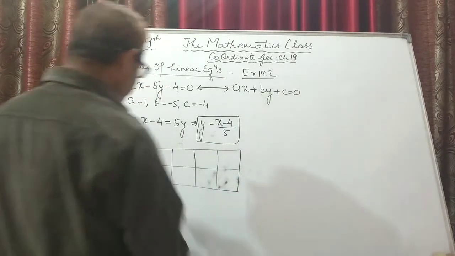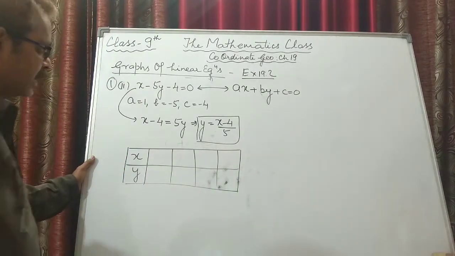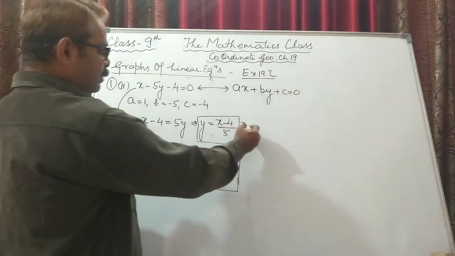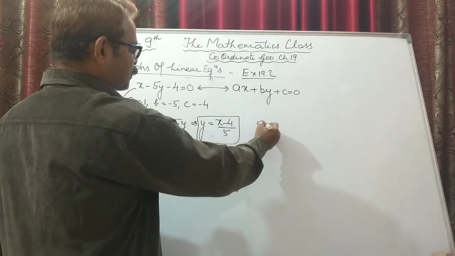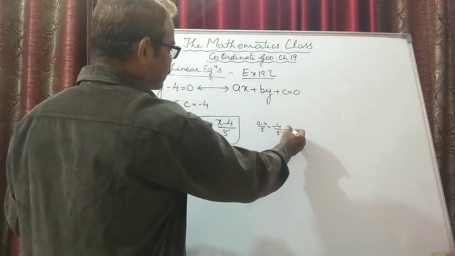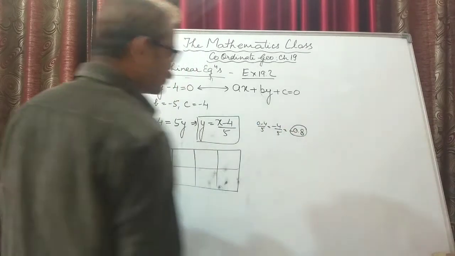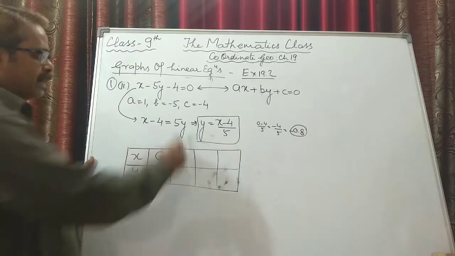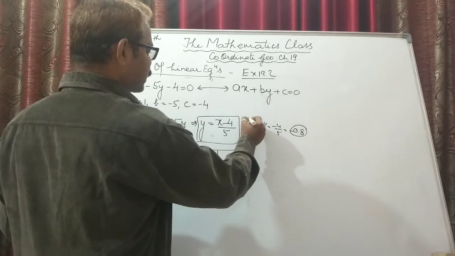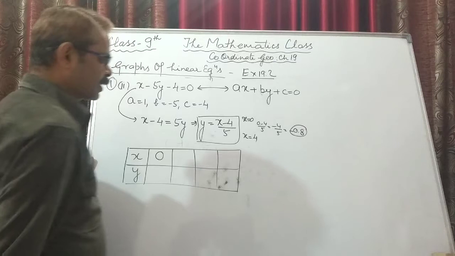At least 3 values we take, x and y. Now if I take x as 0, y will be 0 minus 4 upon 5, that is minus 4 upon 5, that is minus 0.8. Suppose I take x as 4.